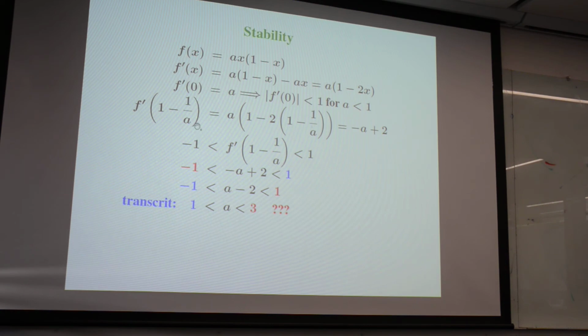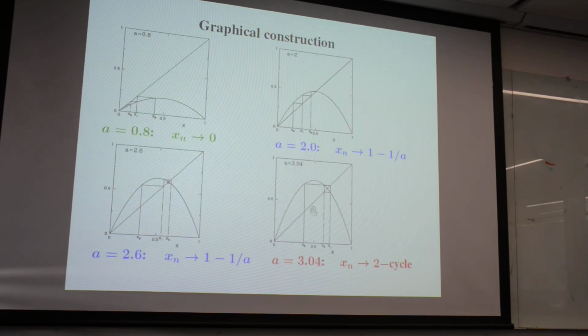And where does that happen? We just calculated it. It happens at a equals 3. And that is when you get that square. That original fixed point has become unstable in favor of it.